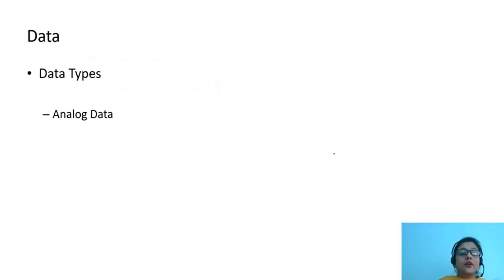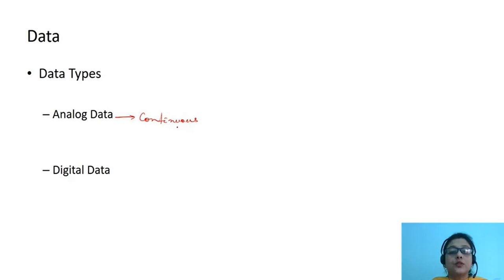Data can be analog in nature or it can be digital in nature. When we talk about analog data, it is basically a continuous set of numbers. So analog data is also called continuous data. For example, if we have a data set like this, 23, 23.2, 23.22, 23.586 and so on.